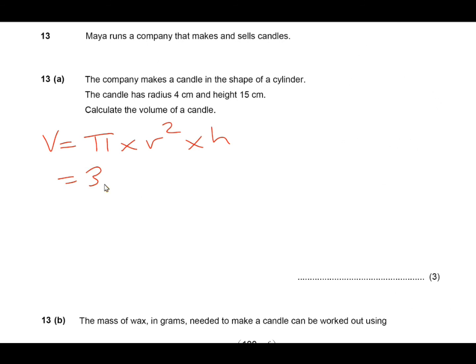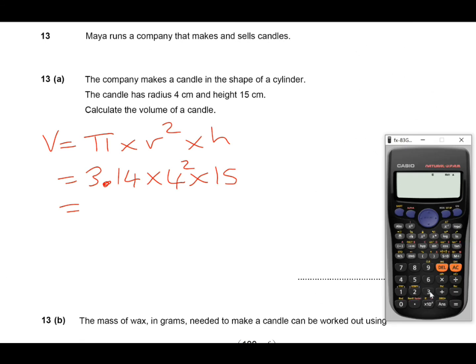So we can have 3.14 times the radius of our circle, which is 4, don't forget to square it, times the height of our cylinder. Put this in our calculator in one go. 3.14 times the radius, which is 4 squared, times the height of the cylinder, which is 15.